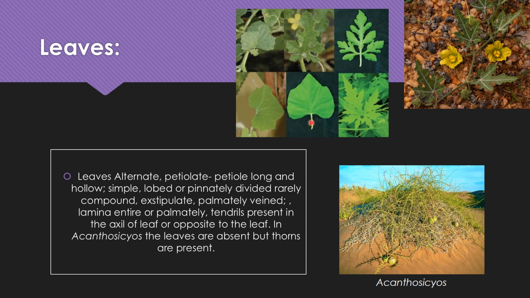Lamina entire or palmately lobed, and the tendrils are present in the axil of the leaf or opposite to the leaf. In Acanthosicyos, the leaves are absent but thorns are present. Right?